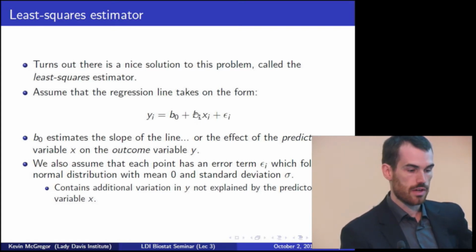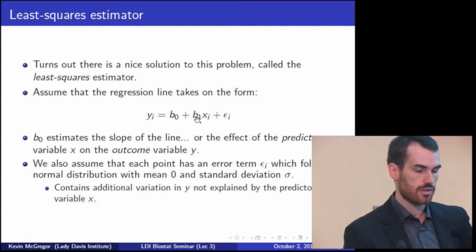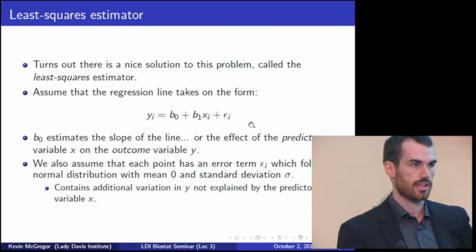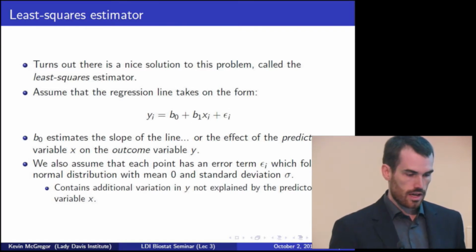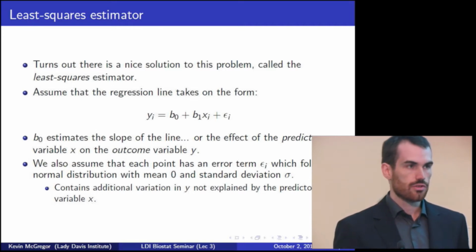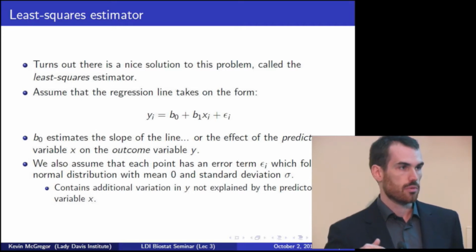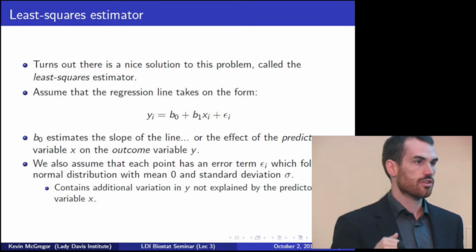So this b1 value is going to be multiplicative. Before, when we had a linear relationship between the two, a unit increase in our x variable meant that you would add a certain value to your y variable.